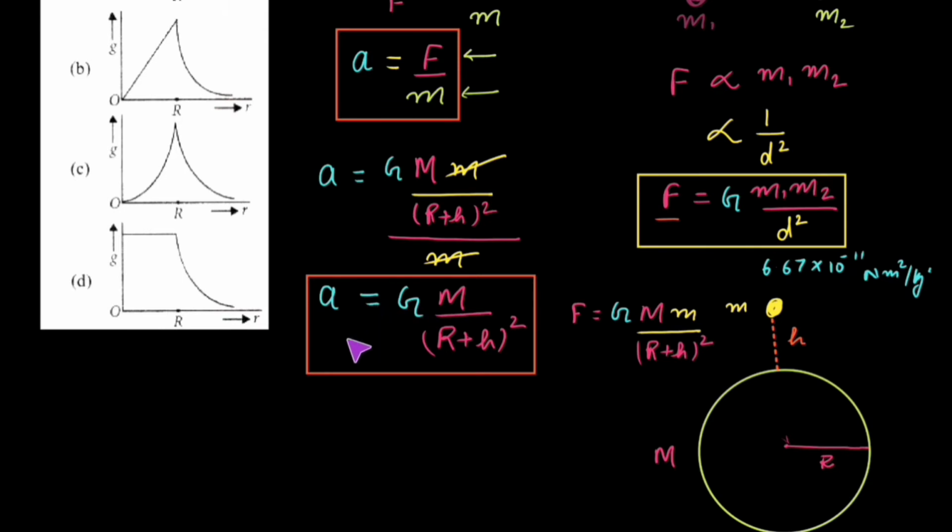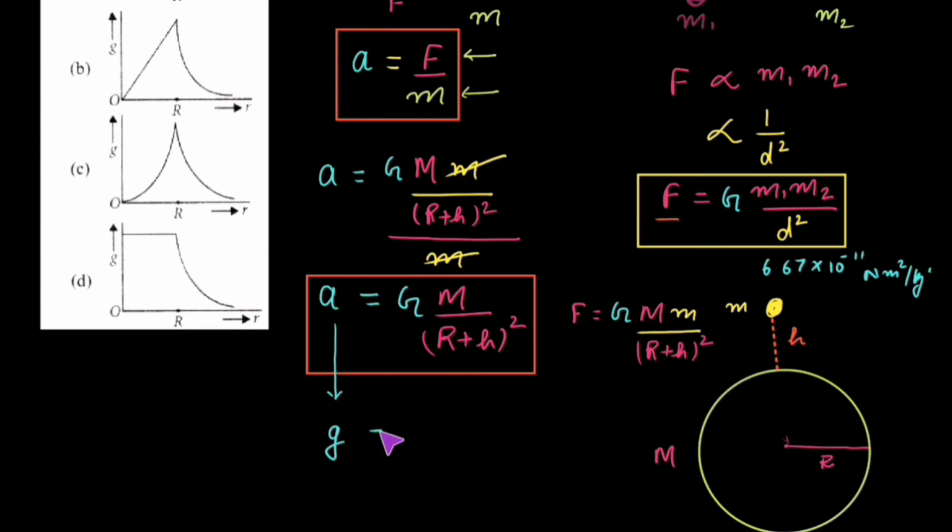One thing is very interesting here: because this acceleration is due to the gravitational force, we have given it a special name and we call it acceleration due to gravity, and we have given it a special symbol as well, and that symbol is small g. Although these two are the same, because this acceleration is due to a particular type of force, we have given it a special name, that is acceleration due to gravity, and also a special symbol, that is small g.